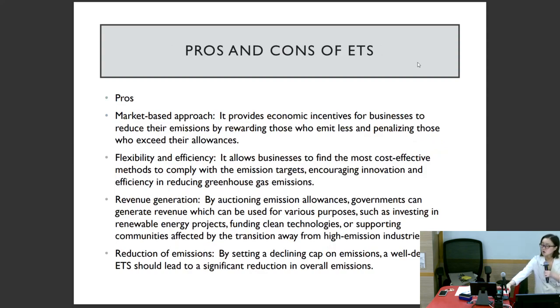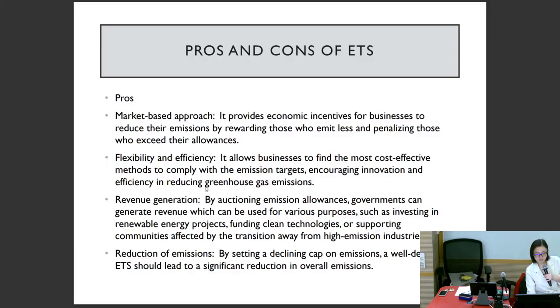Okay, pros and cons of ETS. So for pros, the market-based approach provides economic incentives for business to reduce their emissions by rewarding those who emit less and penalizing those who exceed their allowances. So it gives incentives in terms of money to the businesses who can reduce their emissions.